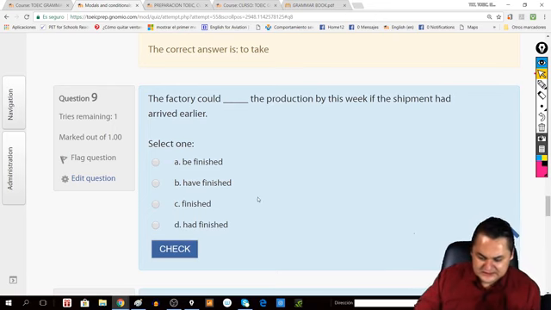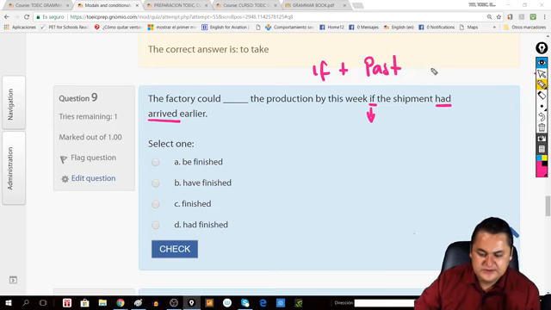And now, in this sentence, we can say that there is an if form. That is a conditional. Here we have had arrived, if, and this part has a past perfect.